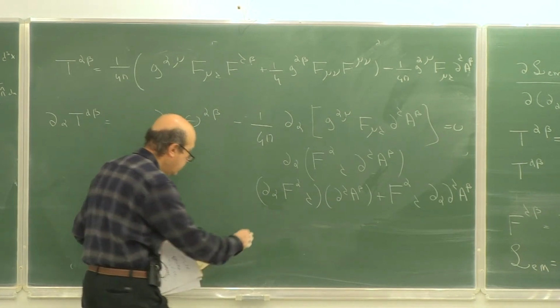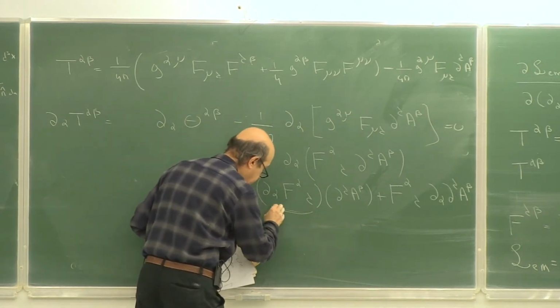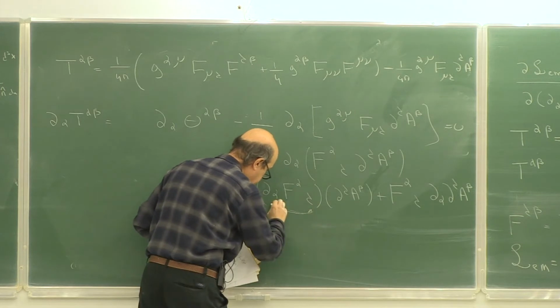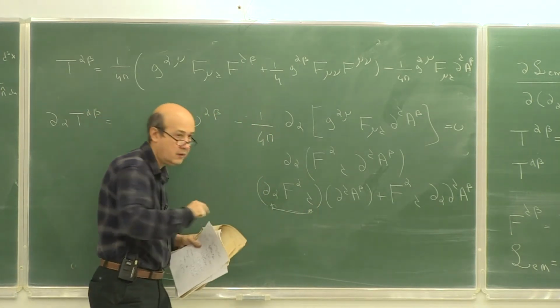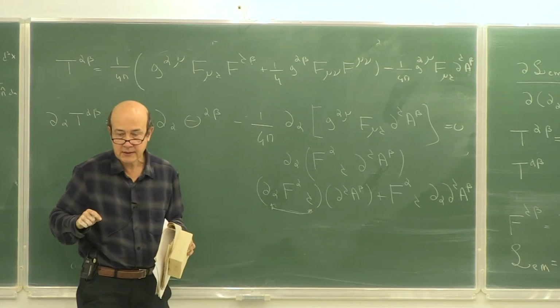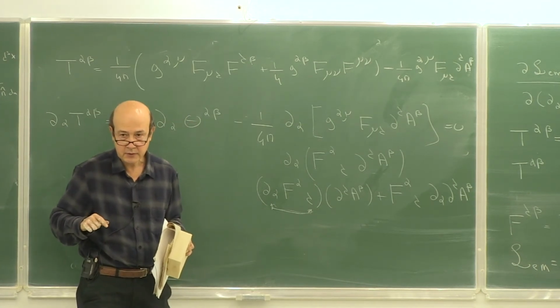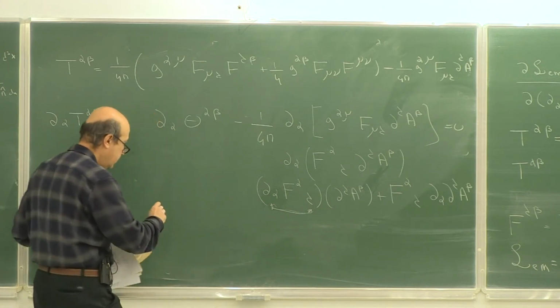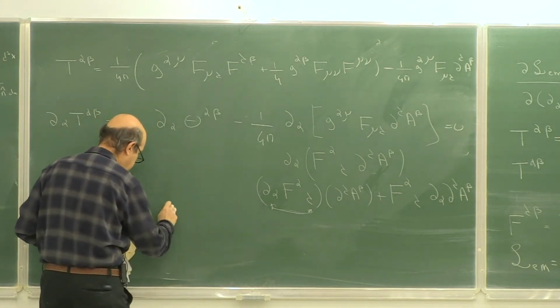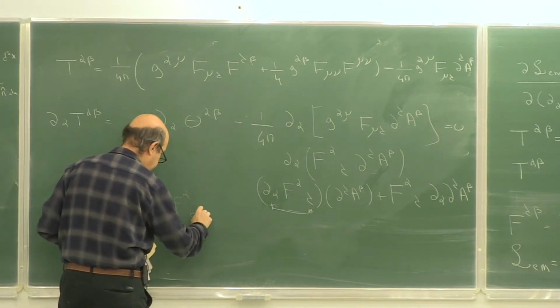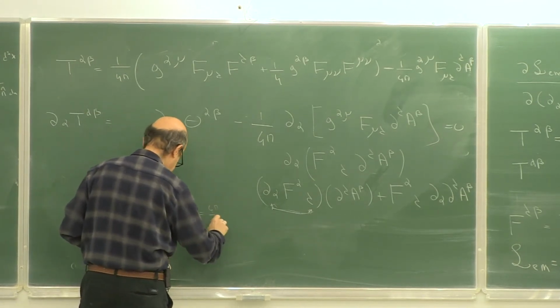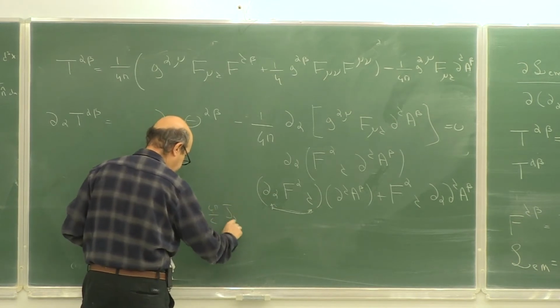Okay. So tell me, what is this? Do you remember this? What is this? This is the Maxwell's equations. Okay. So if you remember that, that is equal to 4 pi over c j lambda, I think.